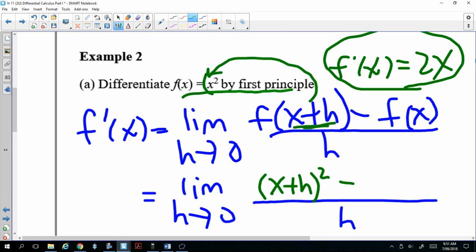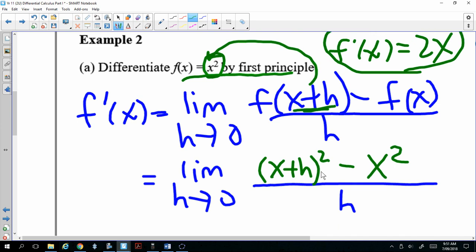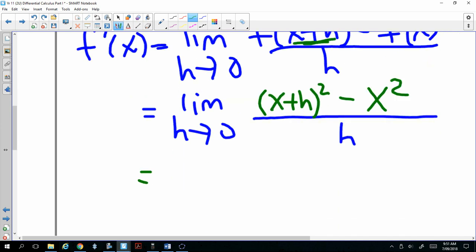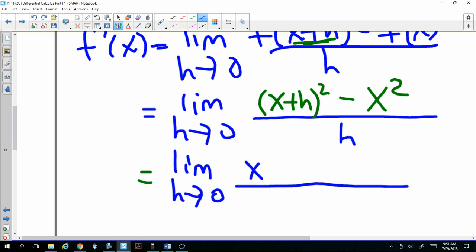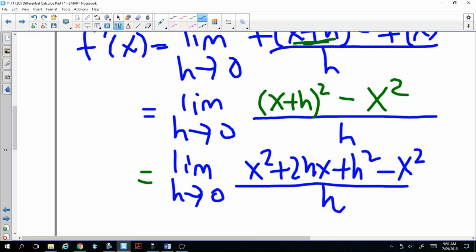So let's continue. Limit as h approaches 0 of x squared plus, you need to know how to expand a perfect square. It's a useful skill. Like this. I expanded it. And then what do you get? Cancel the x squared.